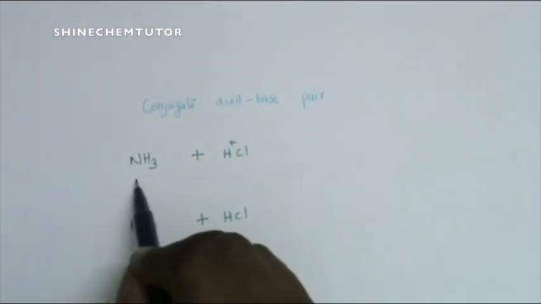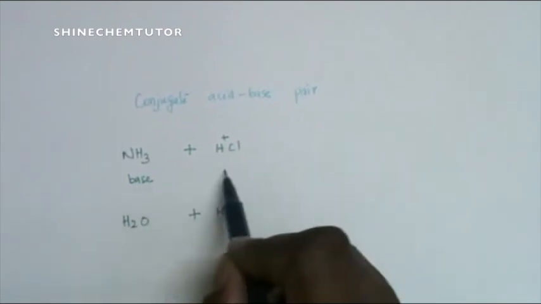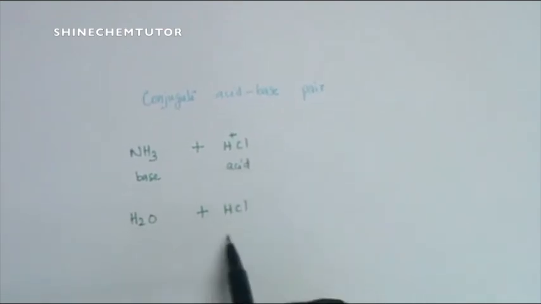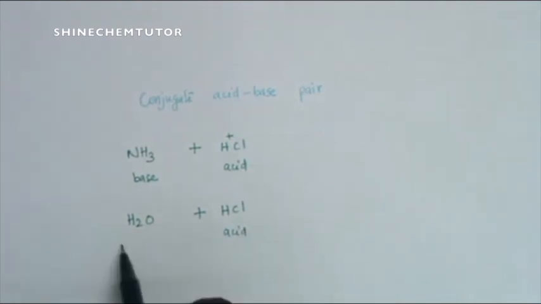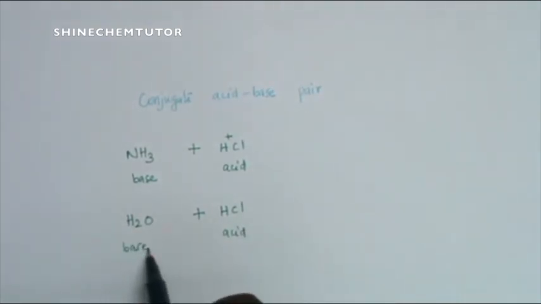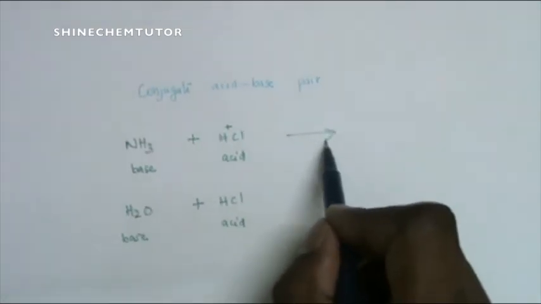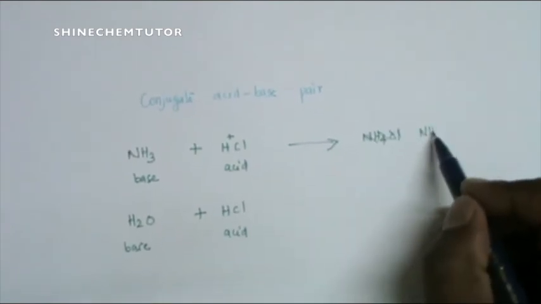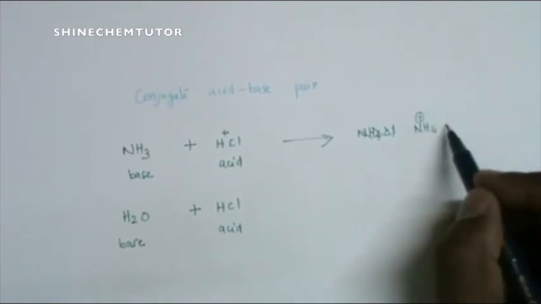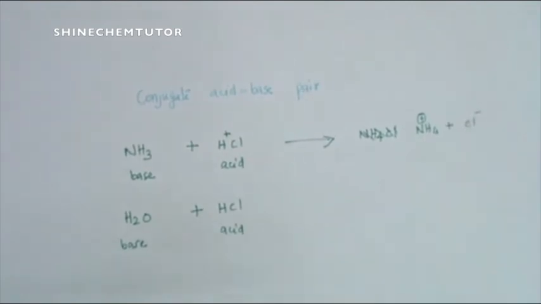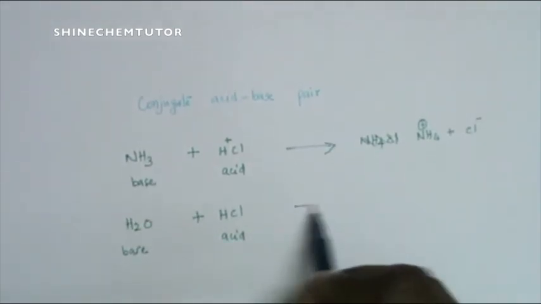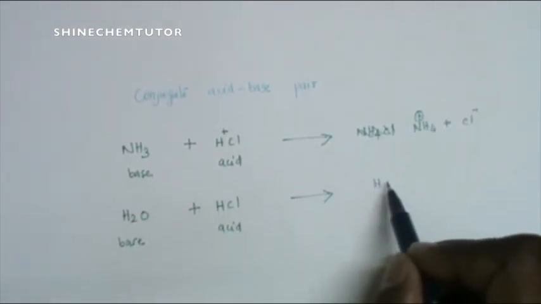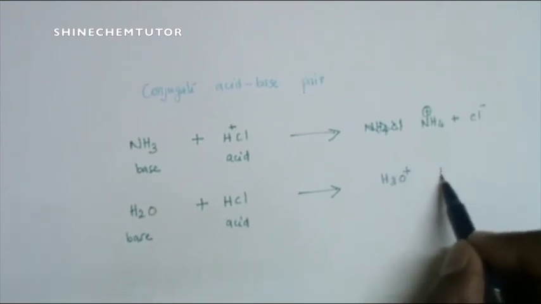You may know this is base, this is acid. When they react, what we get is NH4+ Cl-. Similarly, here H3O+ Cl-.